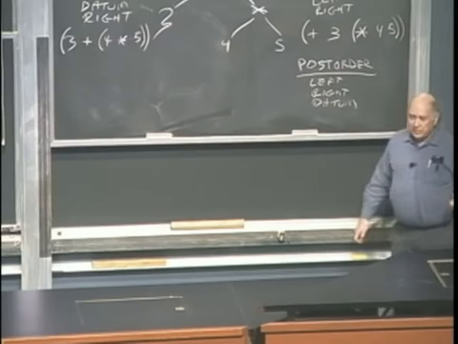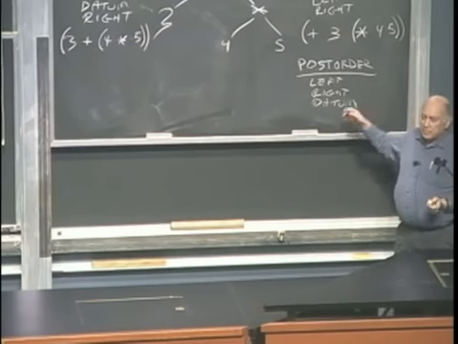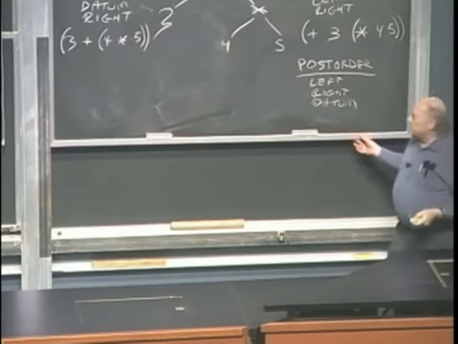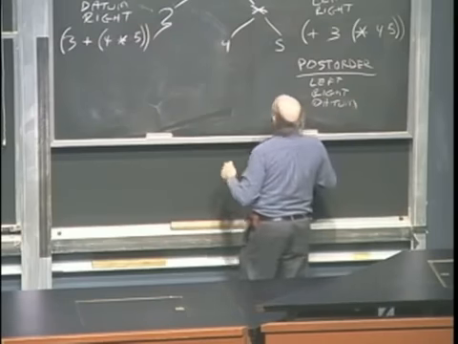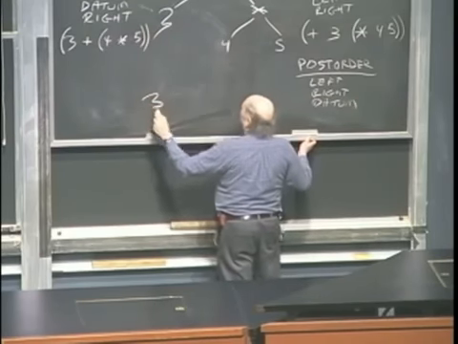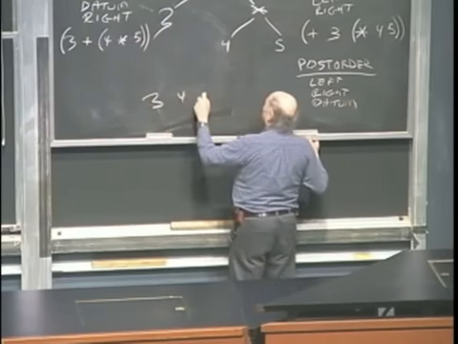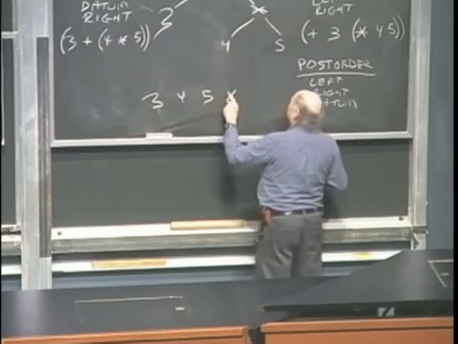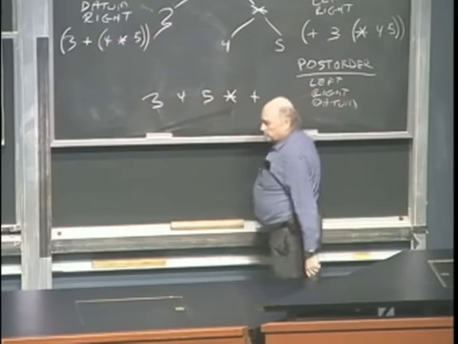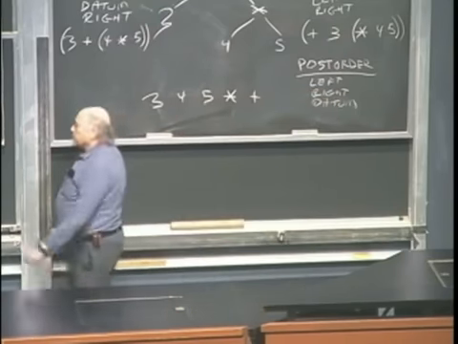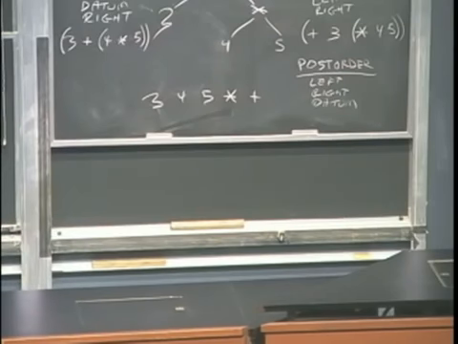I think I showed you this actually, which gives us the peculiar result 3, 4, 5 times plus. For human purposes, that looks pretty bizarre, unless you have an HP calculator, in which case you're accustomed to it and you understand the merits.